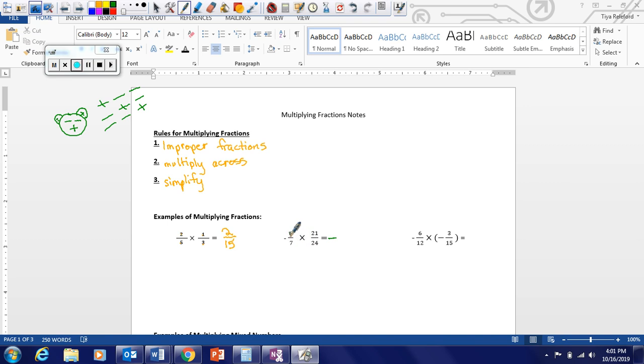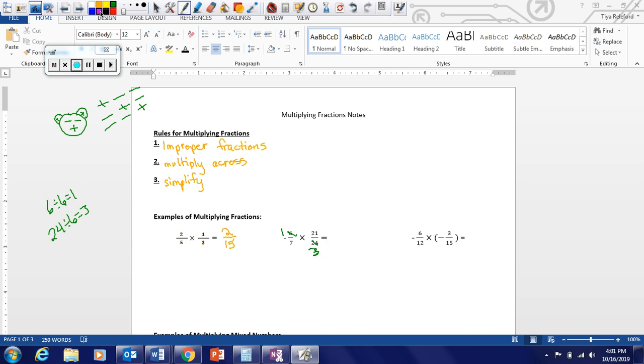So I have 6 and 24. Well, I can divide 6 by 6, and I can divide 24 by 6. So I'm going to cross them out. And simplify. 6 divided by 6 is 1, and 24 divided by 6 is 3.